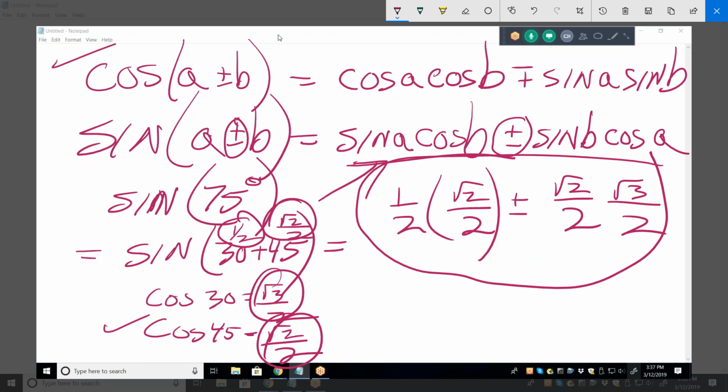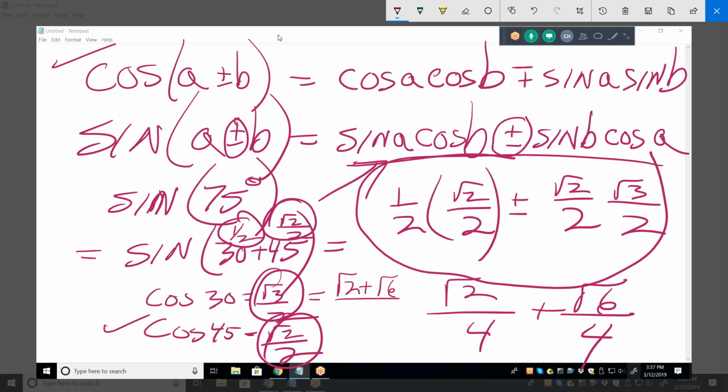So what do we get? We get root 2 over 4 plus root 6 over 4. Oddly enough, this is a very common answer, which is square root of 2 plus square root of 6 over 4. Now, plus or minus.